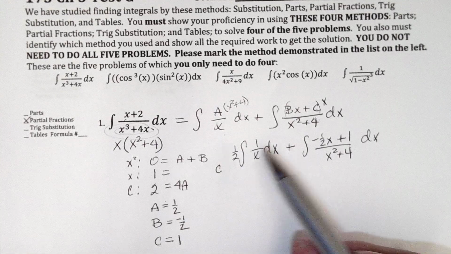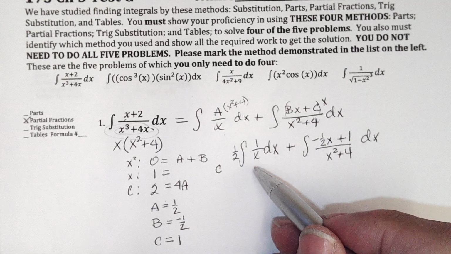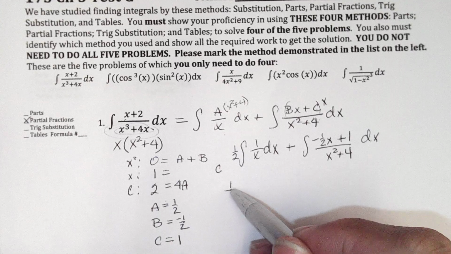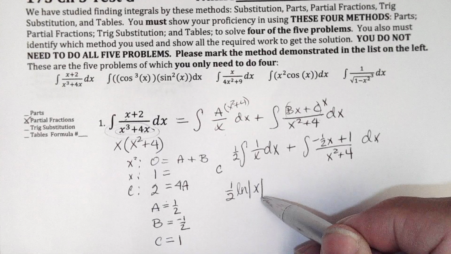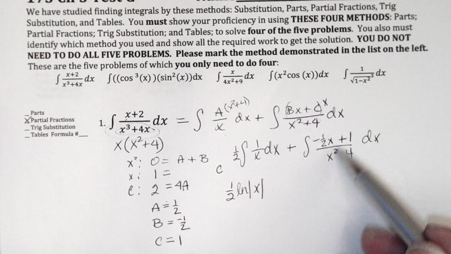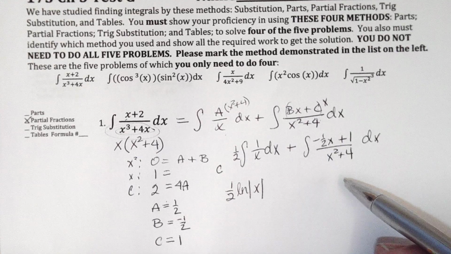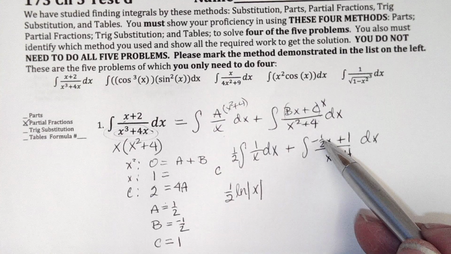So the integral of 1 over x is ln x, so we get 1/2 ln absolute value of x. This substitution is not going to work very well, not much here. So we could do a trig sub on that, but I'm just going to split this.